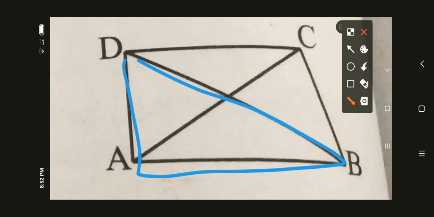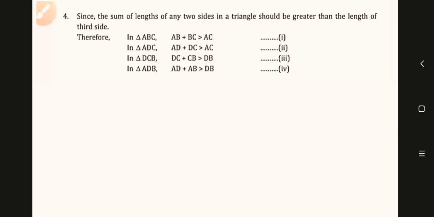So here we'll get four equations in which AC and BD are on the right hand side. Now let us see how to solve this. We'll write all the four equations that we found, and the next step is to add the four equations.